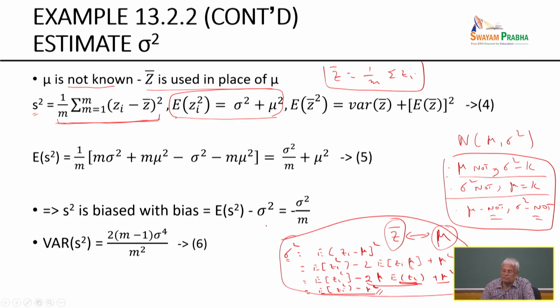So standard definition. From here, the expected value of Z bar square can be verified to be the variance of Z bar plus the expected value of Z bar whole square. So I am using the same formula both for Zi square as well as Z bar square. Z bar is also a random variable.